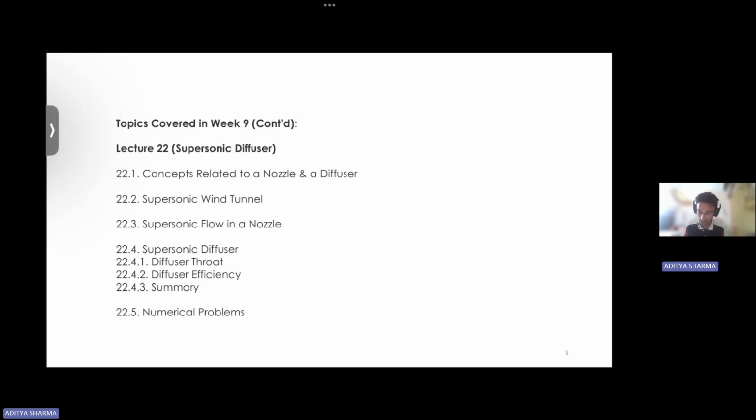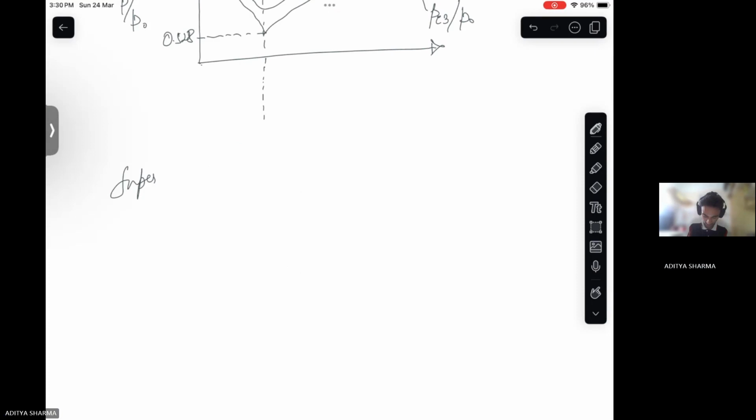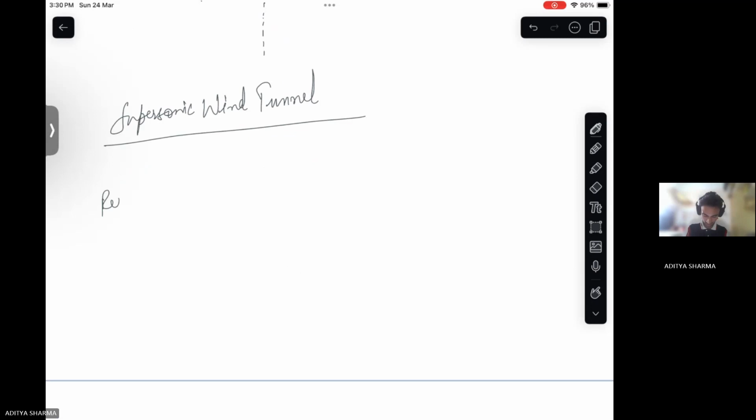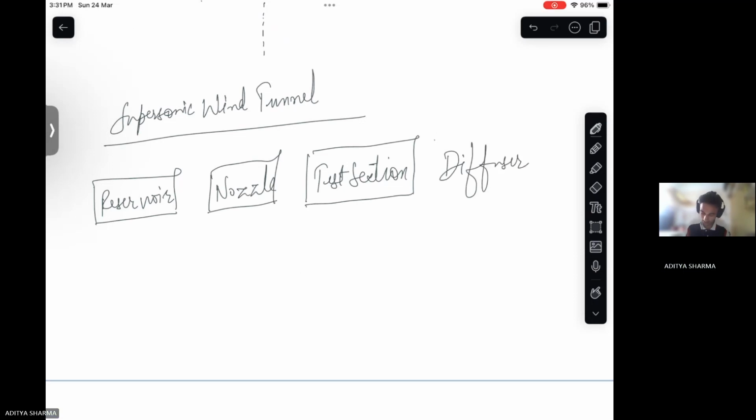If I just write here, first there is a reservoir, then there is this nozzle, then there is the test section, and after that we have the diffuser, and after that we have our exit.